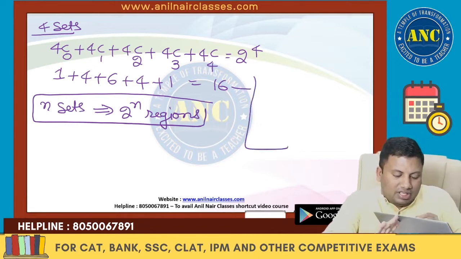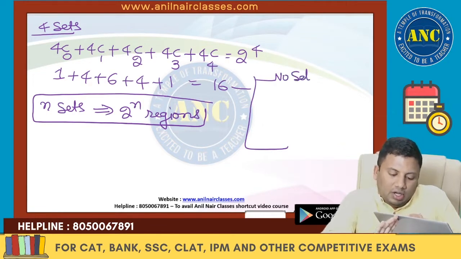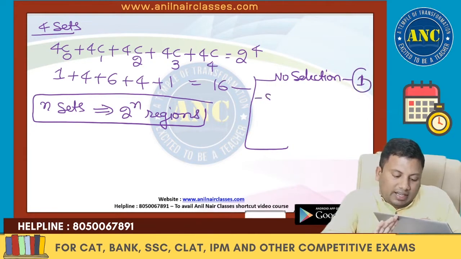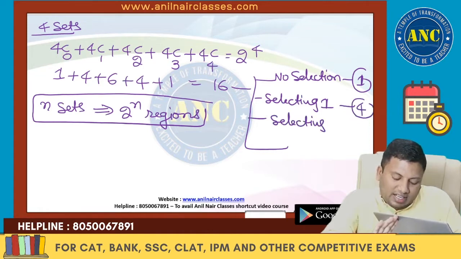Out of these 16 regions, with no selection there will be 1 region. Selecting 1, there will be 4 regions. Selecting 2, there will be 6 regions. Selecting 3, there will be 4 regions.